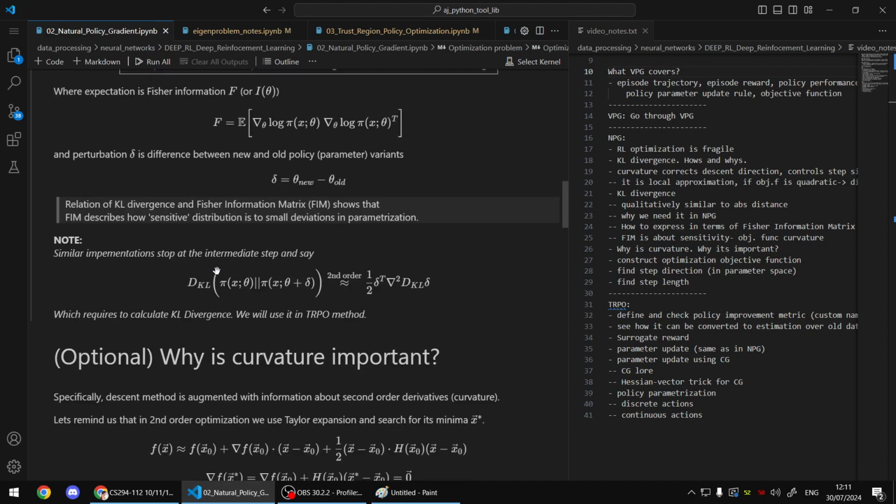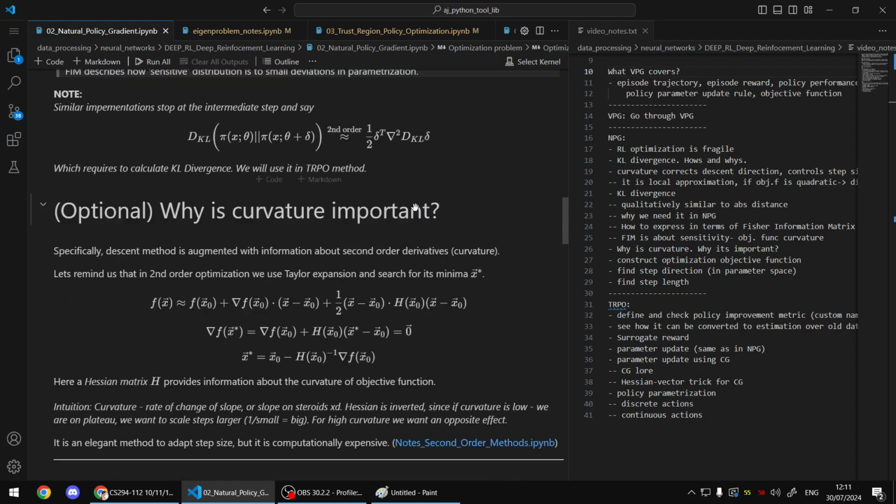In this particular case, when we compared the policy with itself but perturbed, we could call it a Hessian matrix applied to this quadratic approximation.